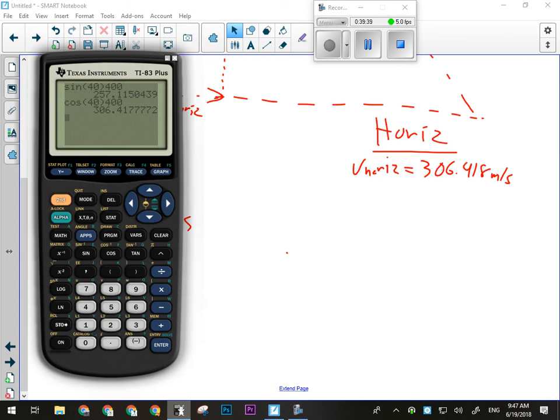Okay, so we'll take our 257.115 and divide that by, sorry, we multiply it by 2. We're subtracting it. Okay, we're subtracting negative 257 divided by 9.81. All right, so our time is 52.426 seconds.